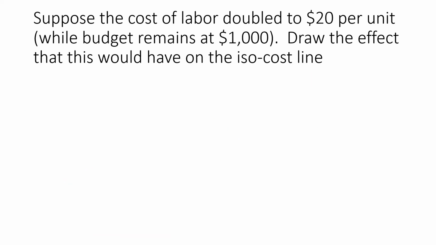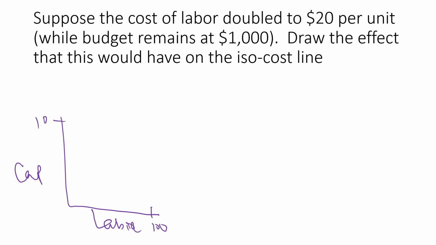Okay. If labor costs double to $20 per unit, draw the effect that this would have on the ISO cost line. Okay, so again, capital, labor, we were at 10 and 100. That's when the capital cost was $100 and labor was $10, and the budget is 1,000.